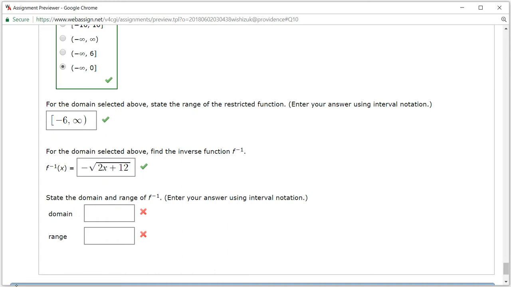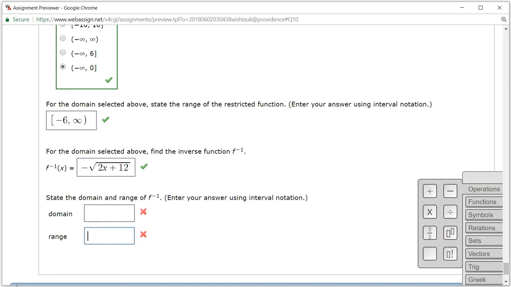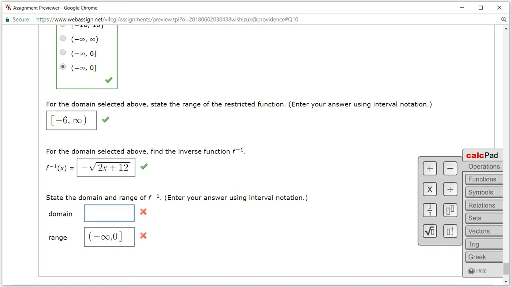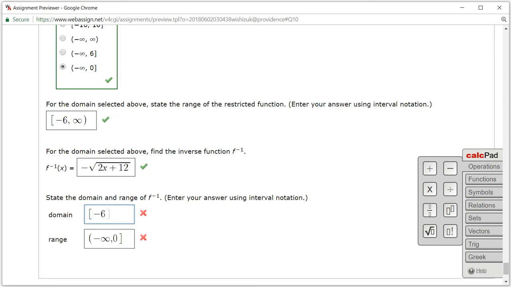So the domain of the original function becomes the range: negative infinity to 0 is the range. And the domain is the range of the original function, starting from negative 6 to positive infinity. So we just switch the domain and range of the original function.